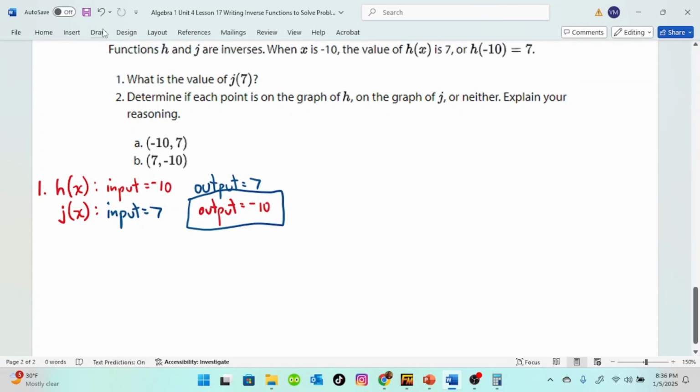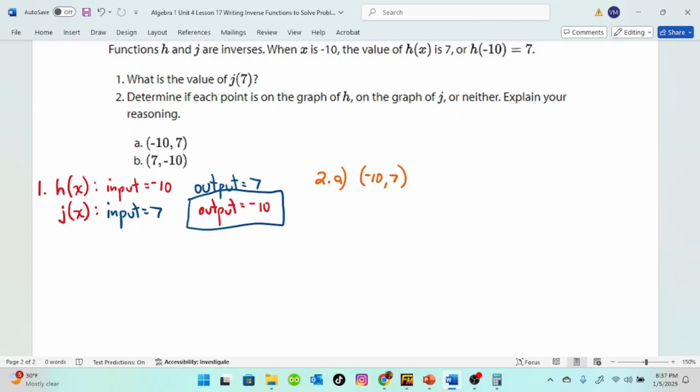Number 2, determine if each point is on the graph of h, on the graph of j, or neither. Explain your reasoning. So for number 2a, we have the point negative 10, 7.